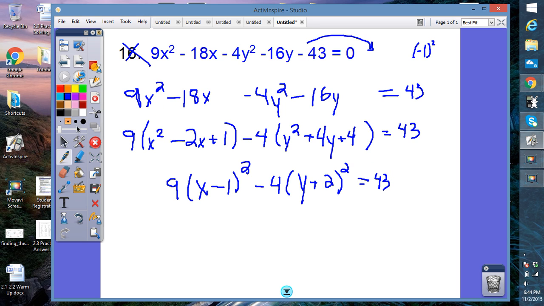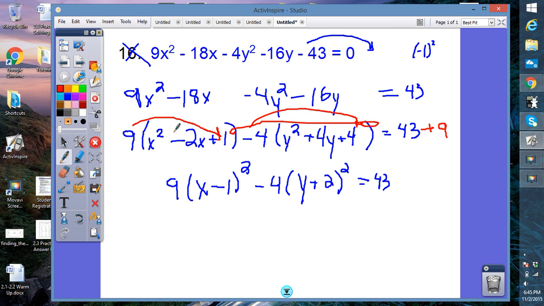Now wait, here's the part that people forget about. We just added 1 to our equation here, but remember, when there's a coefficient out here, we didn't really add 1, we added 9 plus 1. So you've got to add 9 to this side of your equation. We also added a 4, but we really didn't add a 4.